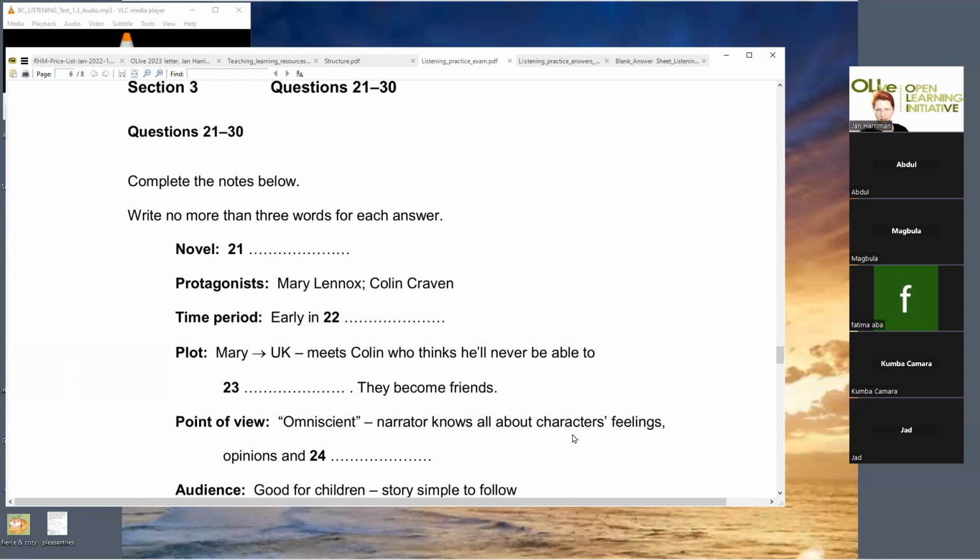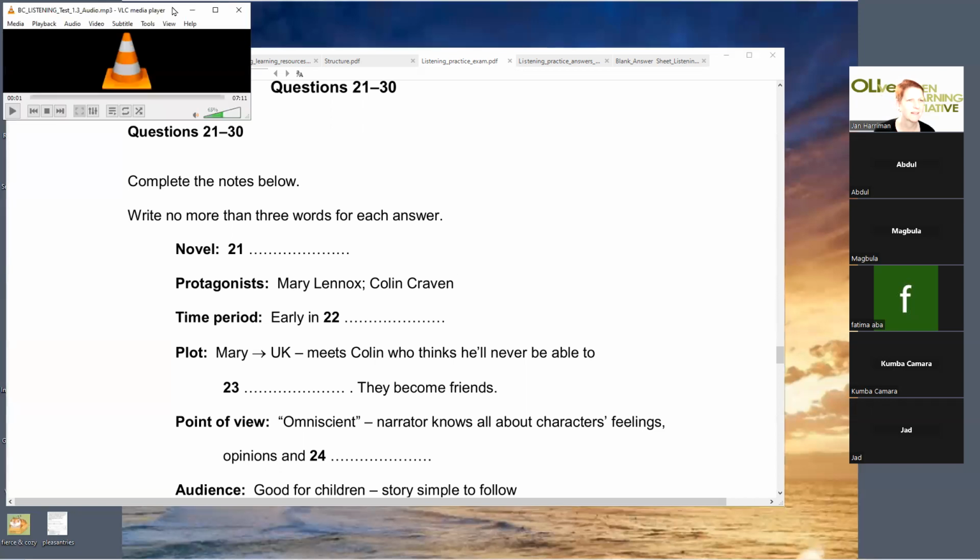We already know that we're going to be listening to words that mean the same as feelings, mean the same as opinions, and something else. Okay. So once again, the questions have the answers right inside them. The answers are inside the questions.